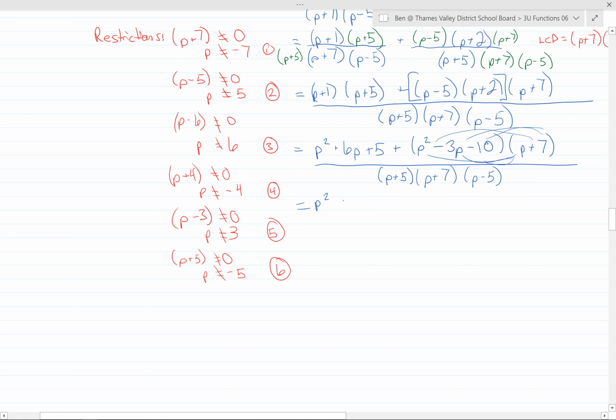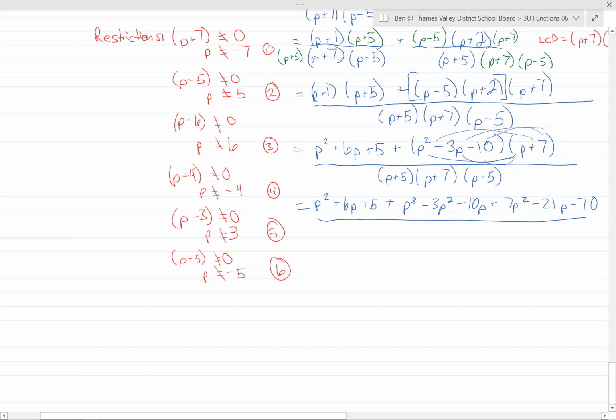Leave the first part the same, p squared plus 6p plus 5 plus, and all of a sudden here I have a p cubed term, minus 3p squared minus 10p plus 7p squared minus 21p minus 70. Perfect.